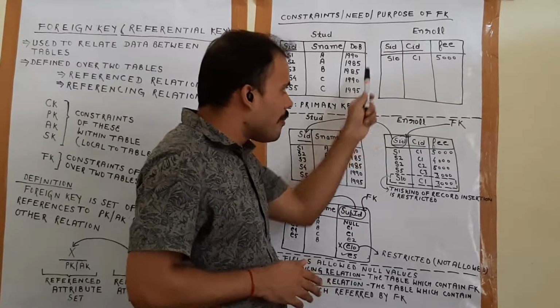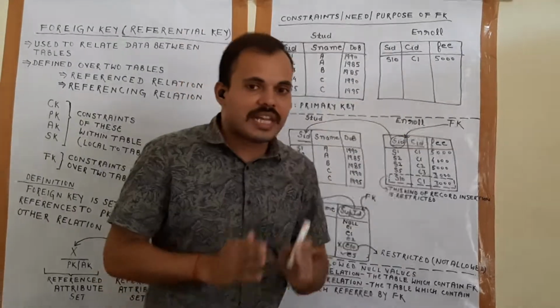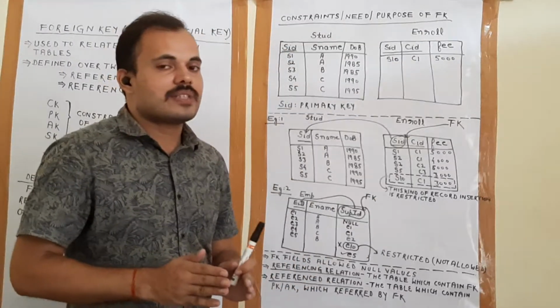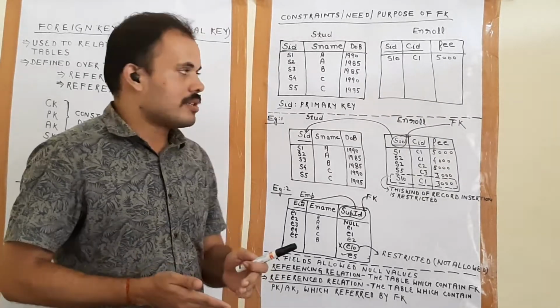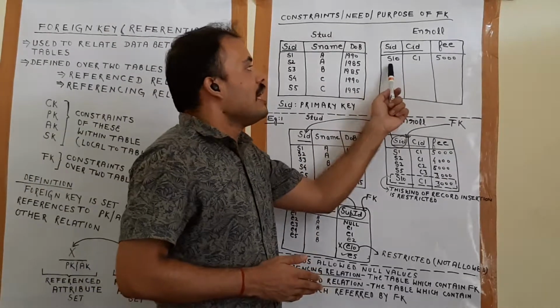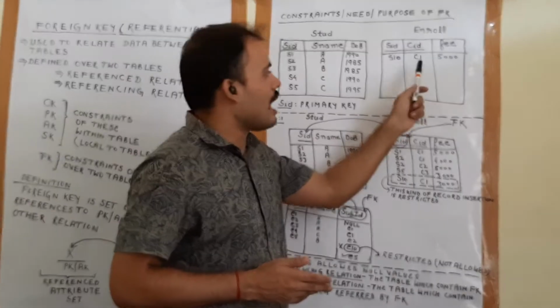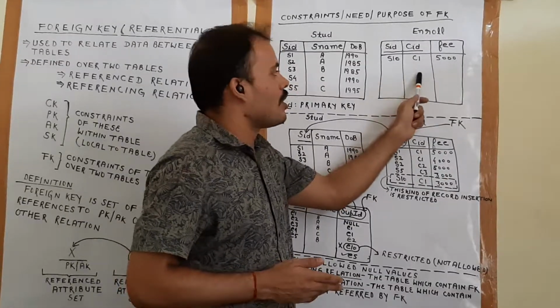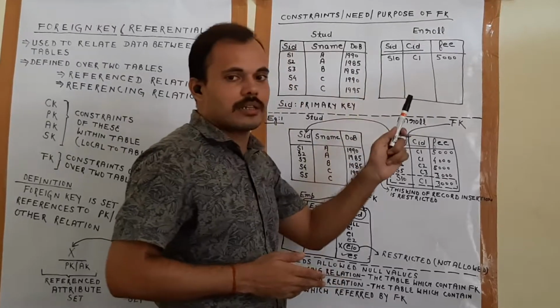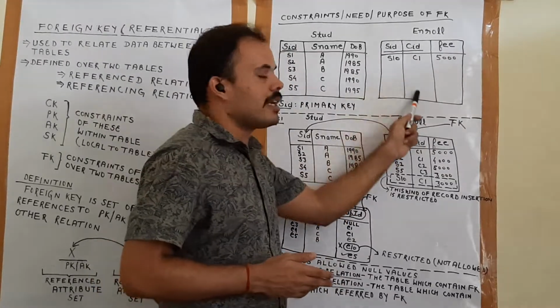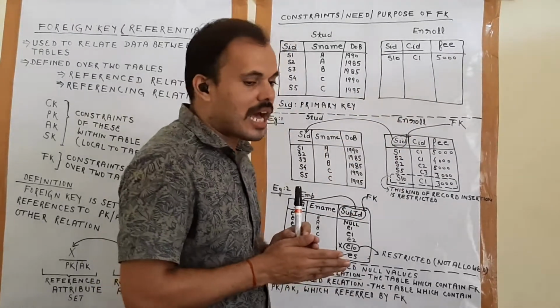So the enrollment table is maintaining the data stating which student is enrolled for which course, or which course is enrolled by which student.